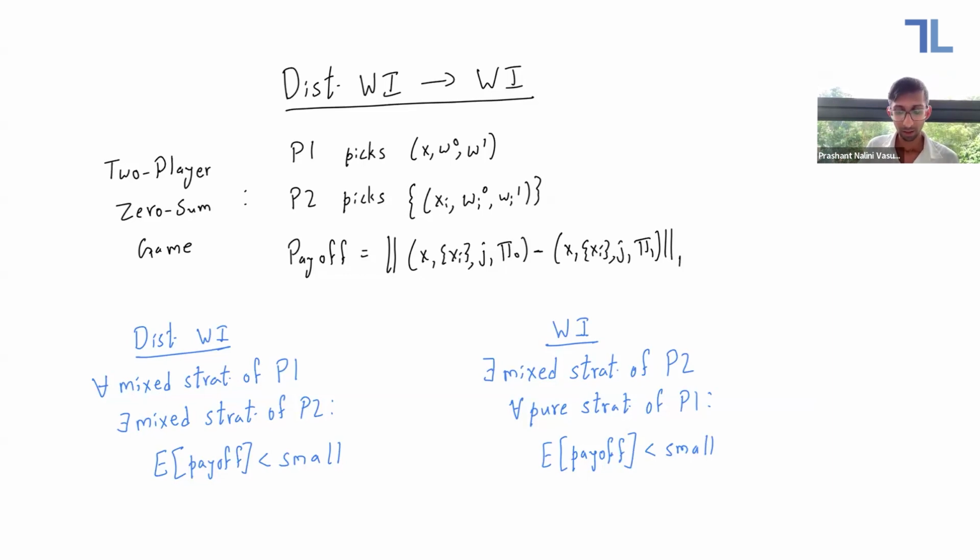This is exactly what von Neumann's min-max theorem says, that these two are equivalent: if for every mixed strategy of P1 there exists a mixed strategy of P2 for which the expected payoff is bounded, then there exists just one mixed strategy of P2 such that for any mixed strategy of P1, the expected payoff is small.